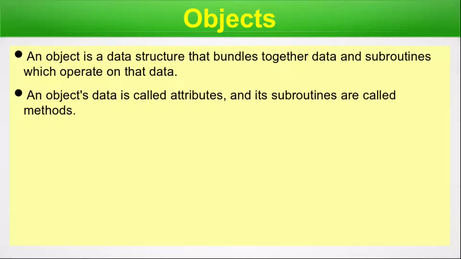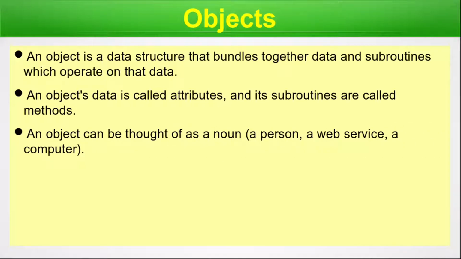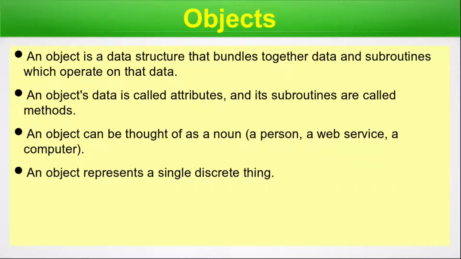Next, the object can be thought of as a noun: a person, a web service, a computer. It can be any concept you can think of. The object represents a single discrete thing. As I mentioned, the class represents the entire class, and an object is a student. Each instantiation of that class is an object.